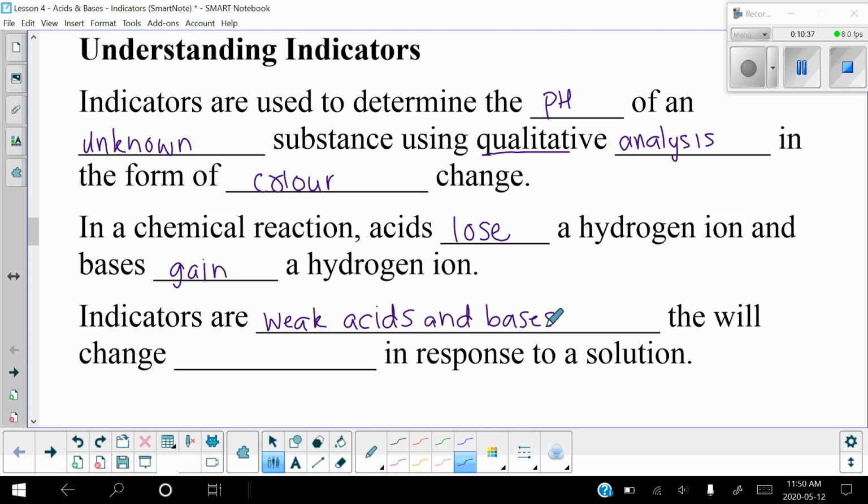Weak acids and bases, that should say that, will change color in response to a solution.